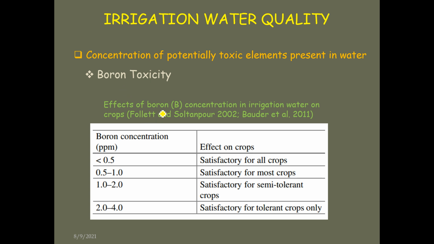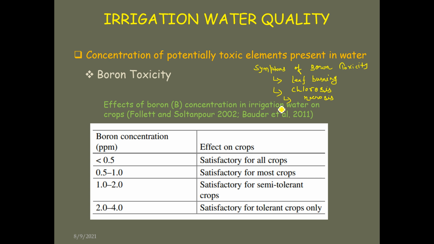The symptoms of boron toxicity are leaf burning, chlorosis, and necrosis. Okay, so these are the symptoms of boron toxicity.